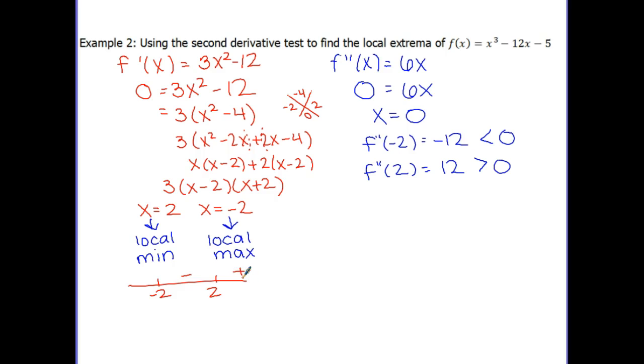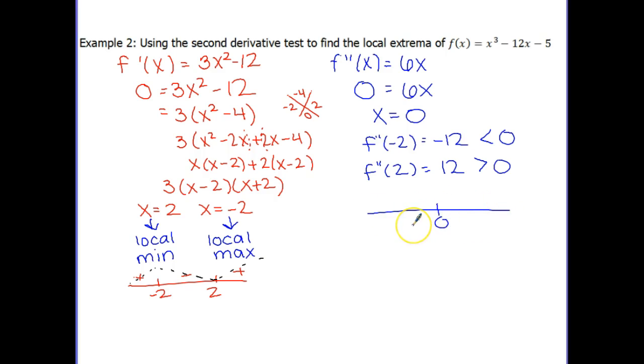Negative here, so negative 4, that makes that a negative, that makes that a negative, which makes this a positive. So: increase, decrease, increase, max, min. Max is what we said.